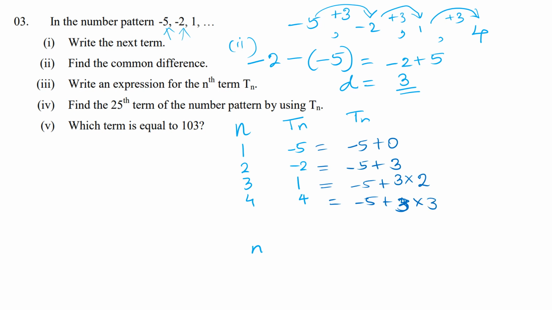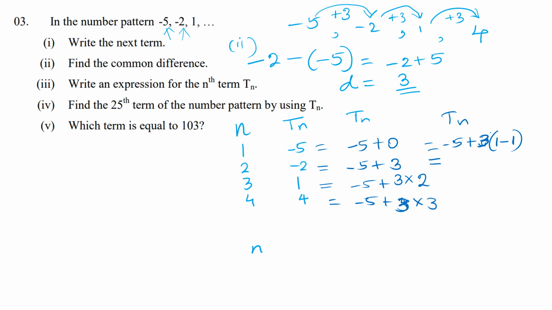Here 3 means d, the common difference. So we can write minus 5 plus 3 into 1 minus 1; 1 minus 1 is 0, and 0 into 3 is 0.